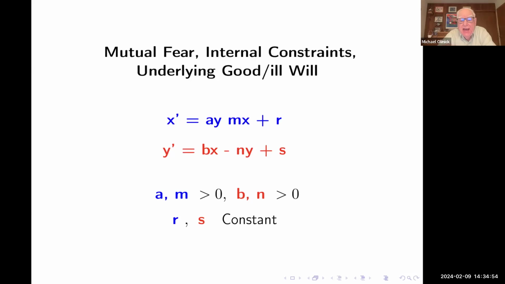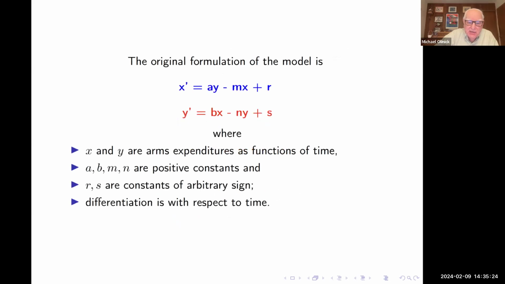And then Richardson added a third term to represent factors that could contribute to increasing or decreasing arms expenditures that were independent of the levels. So this is a fairly simple linear model. And the constants R and S could be positive or negative, reflecting some underlying good or ill will towards the other nation.